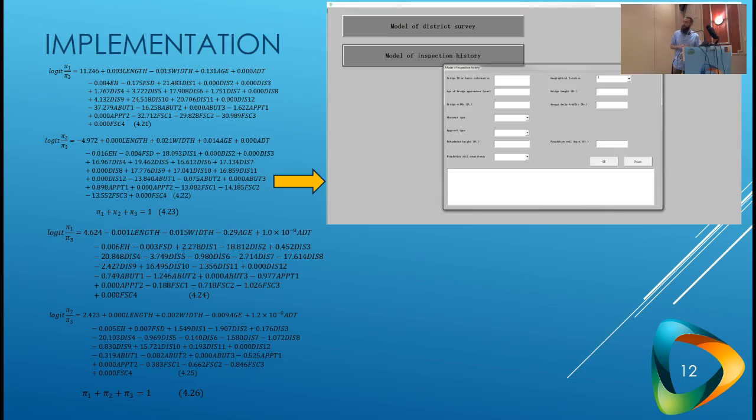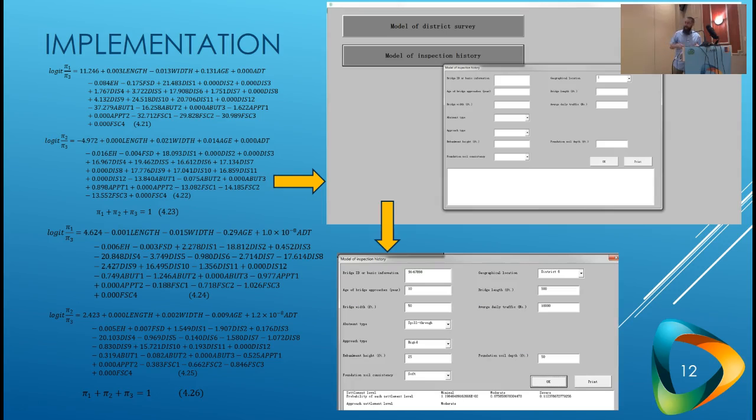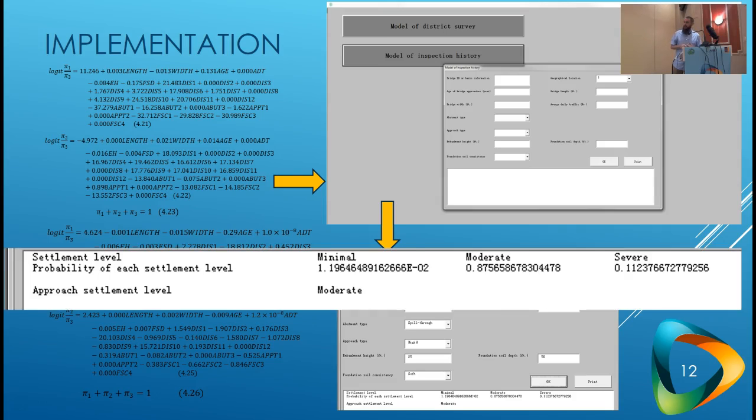It's got a macro. You pick which model you want to use depending upon what kind of results you want to look at. And it's got various inputs for the district and all the different factors that I listed there. So you can input those, and when you input them, it gives you a readout, which I will pull up here. You basically have 3 different settlement risks: minimal, moderate, and severe.